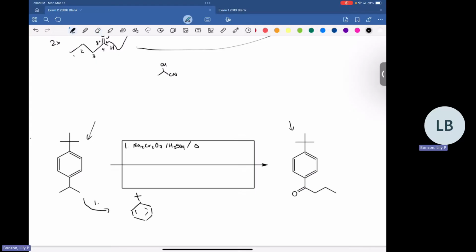This reagent will oxidize any carbon side chain to be a 1-carbon carboxylic acid, except if we have a tertiary group, because we can't oxidize a carbon that already has 4 bonds. In this case, this isopropyl has a hydrogen that we'd use to start that oxidation process.